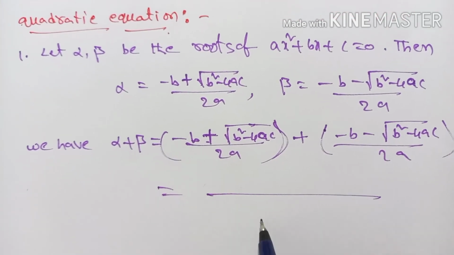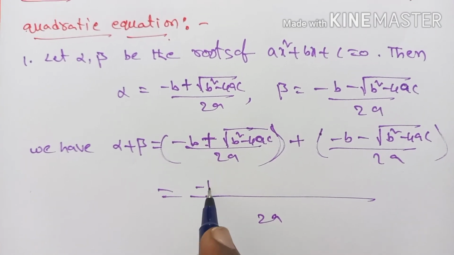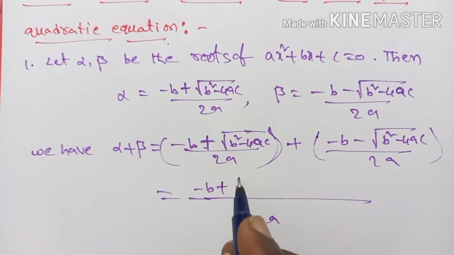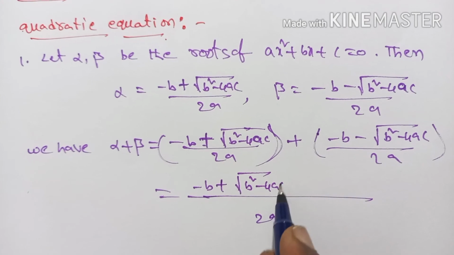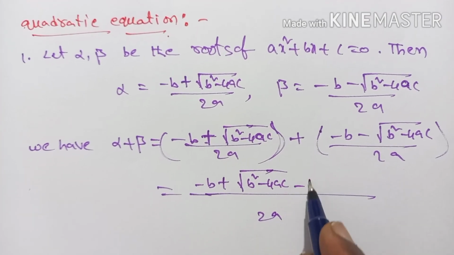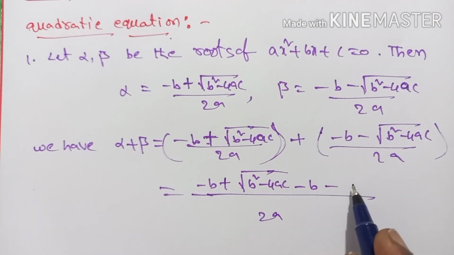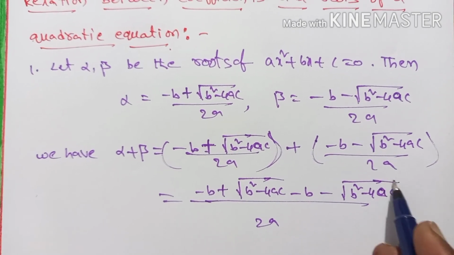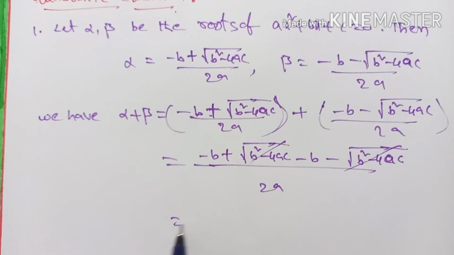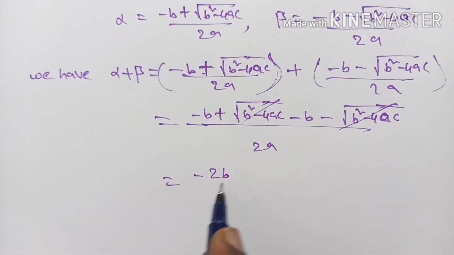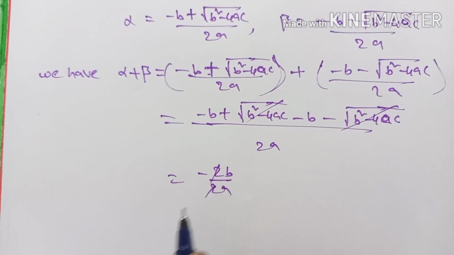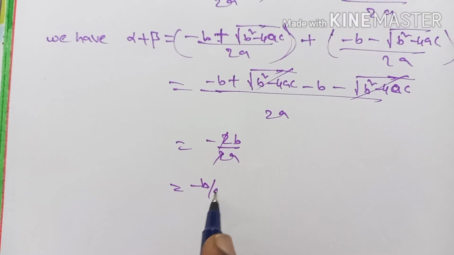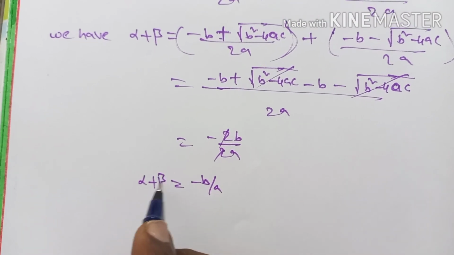Here the LCM is 2a. The root terms cancel, leaving minus 2b by 2a. The 2s cancel. The sum of roots is minus b by a.